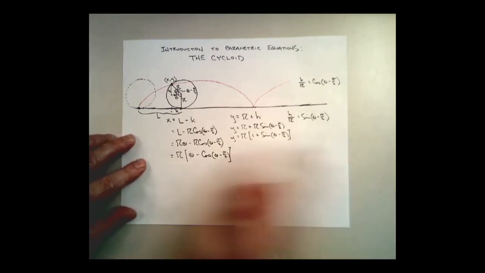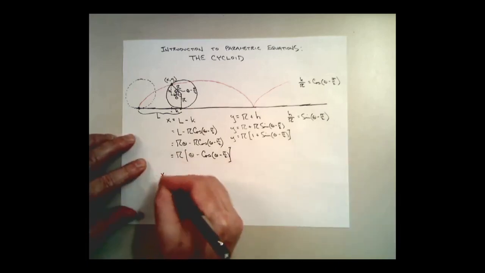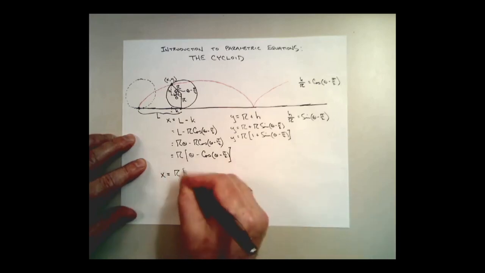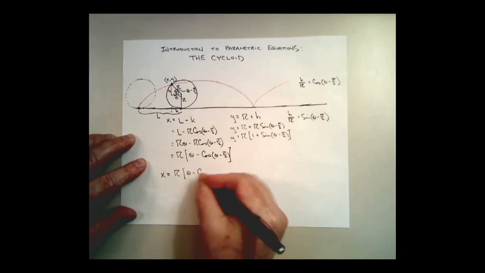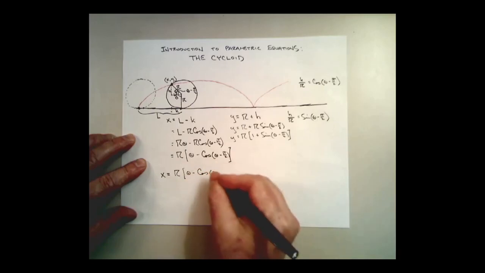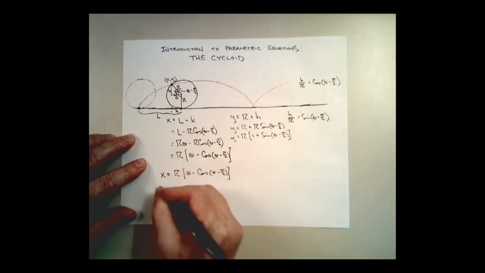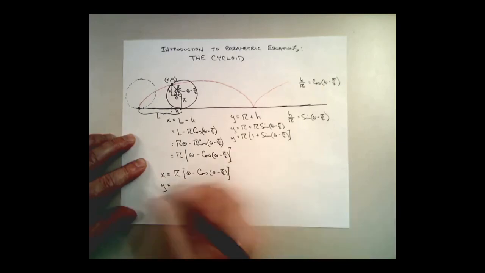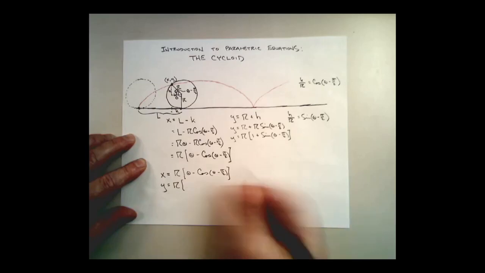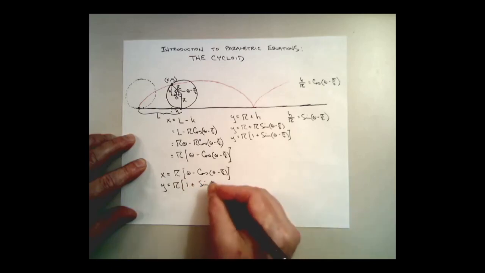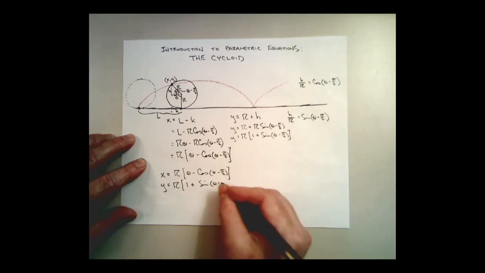So I have X is equal to r times theta minus cosine theta minus pi over 2. And y is equal to r times 1 plus sine of theta minus pi over 2.